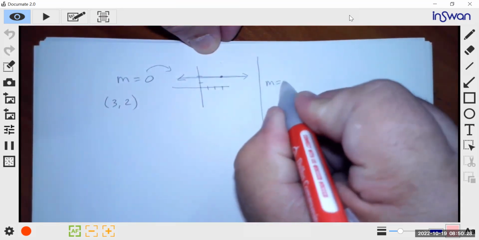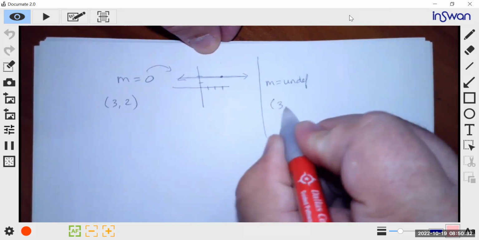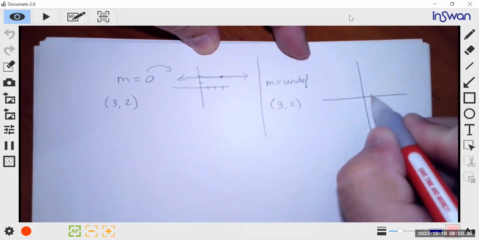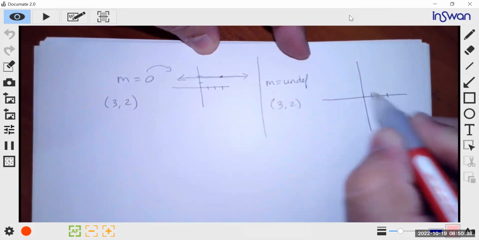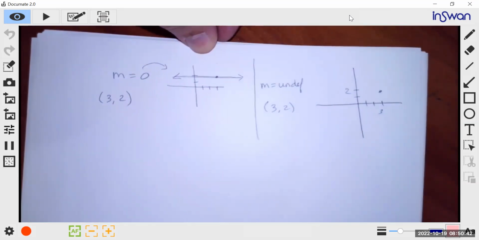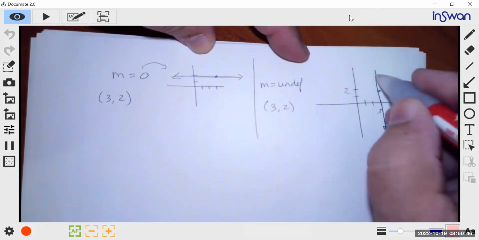If the slope is undefined, going through the point 3, 2, it looks like this.